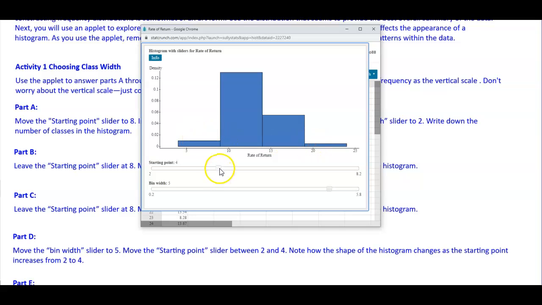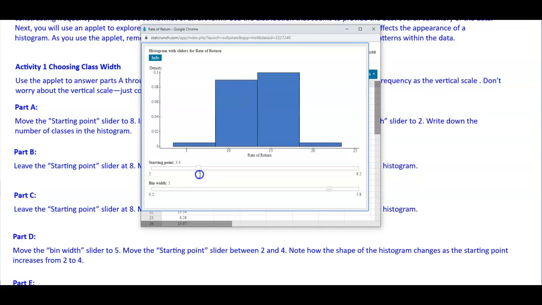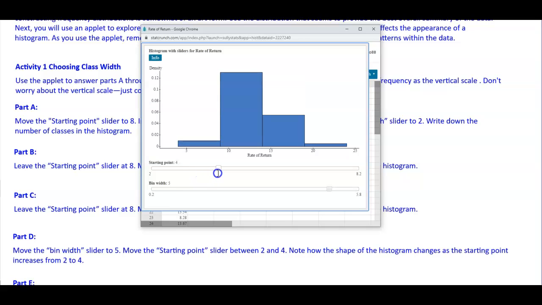And what's happening with the shape? Well, if we take a look at 2, we have sort of a nice looking shape here that kind of increases, goes all the way up, and then it comes back down. Okay, now if we move to 4, it's very low on the left side, comes all the way up, and then it slowly decreases here. So you can see the shape of the histogram changes as the starting point increases from 2 to 4.